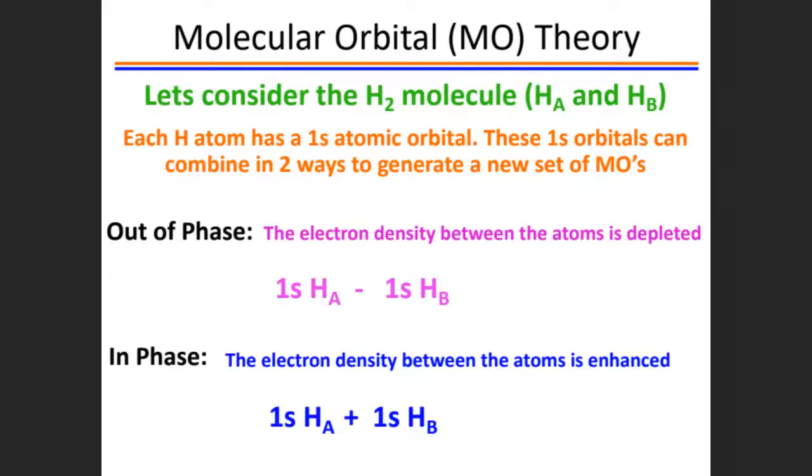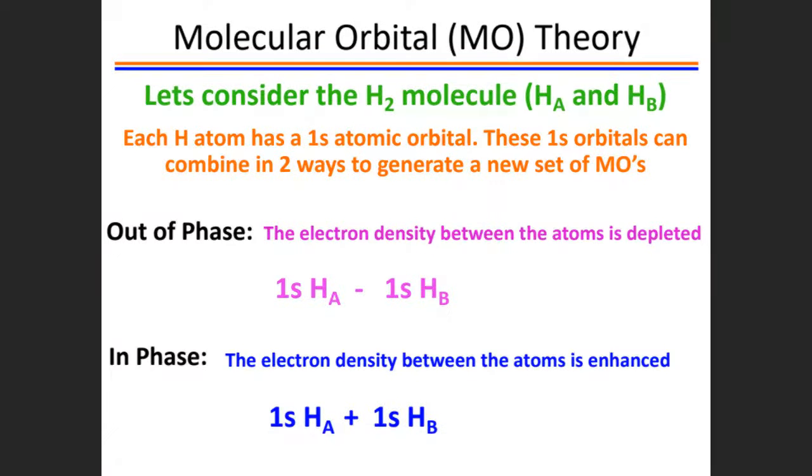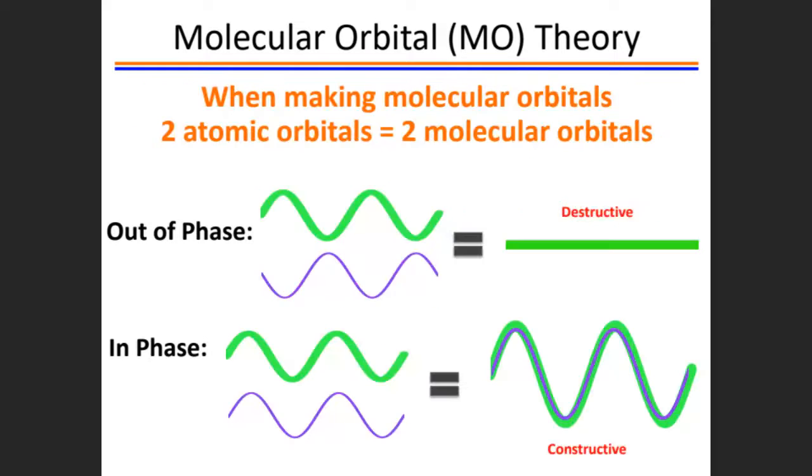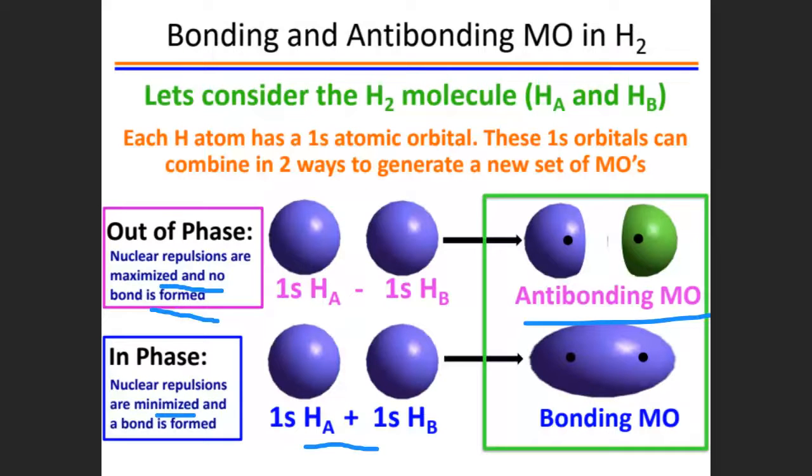We already learned that when the electron density between atoms is enhanced and sufficient, it is in phase. But if the electron density is not sufficient, like one atom has it, one atom doesn't, then the constructive or destructive force happens, and as a result, step by step, this type of molecular orbital forms.